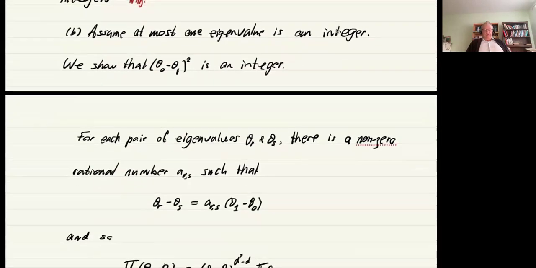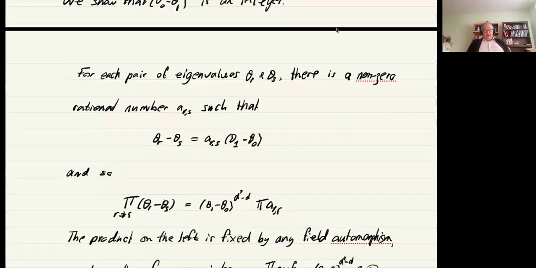Now, in particular, the ratio condition implies that for each pair of eigenvalues θ_R and θ_S in the eigenvalue support, there's a non-zero rational number, a_RS, such that this is true. That's just restating the ratio condition. And so now what I'm going to do is take the product of all the pairs θ_R − θ_S, where θ_R and θ_S are in the eigenvalue support.